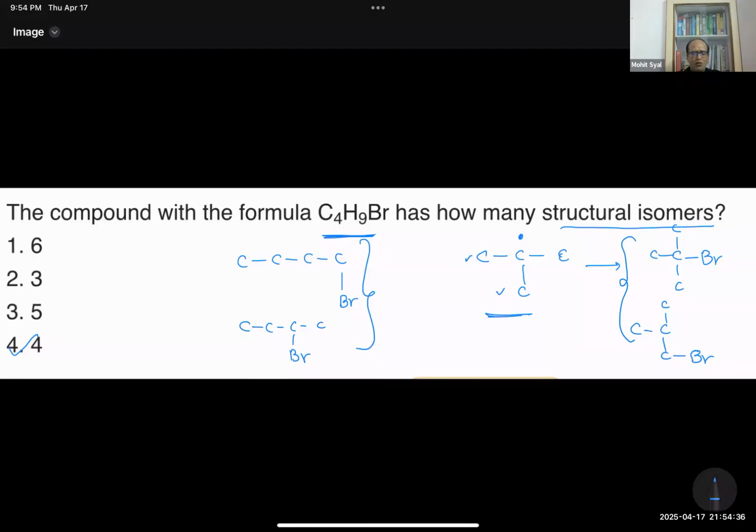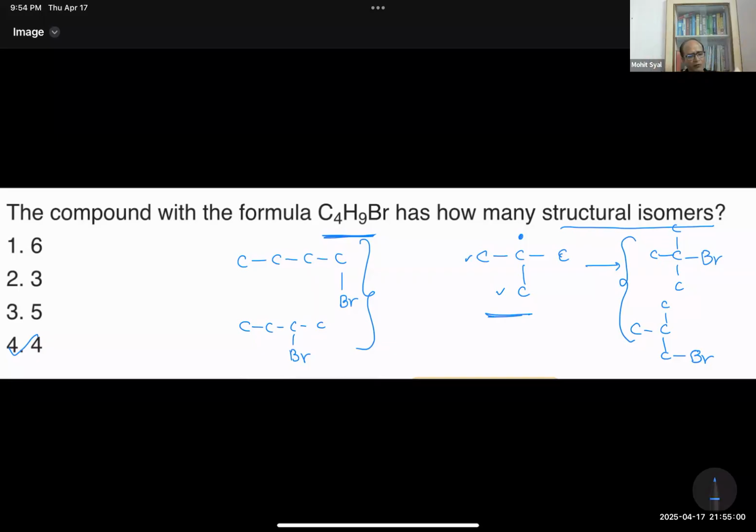So where do you count the stereoisomers as 2? I told you, wherever you have a chiral carbon. If you have a chiral carbon connected to 4 different groups, you will take them as 2 different molecules. Got it?